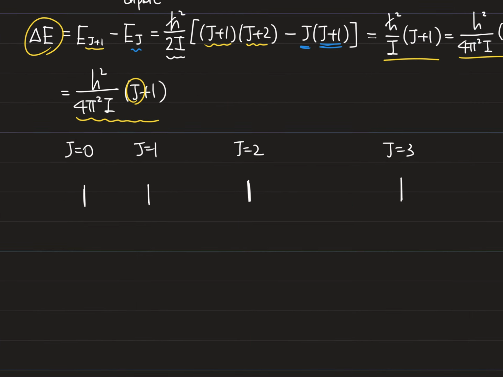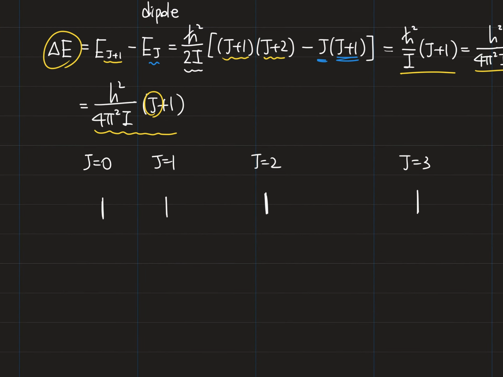So what does this mean? The energy difference between adjacent energy levels gets larger and larger with the increasing quantum number J, right?